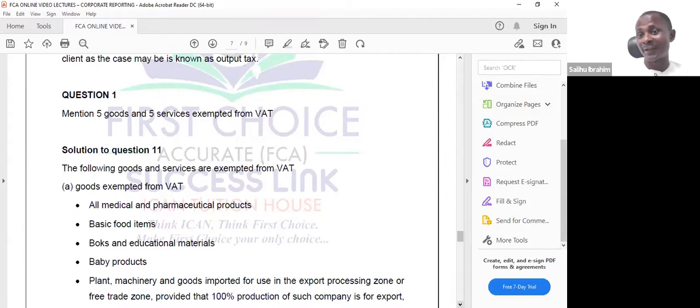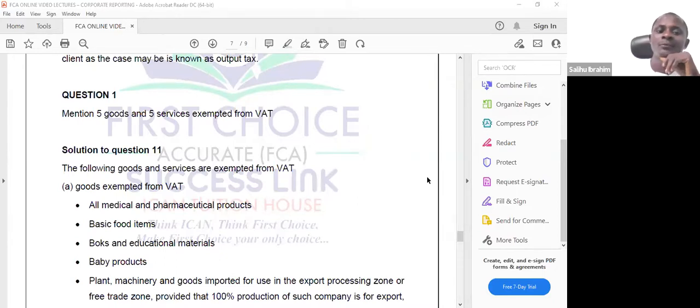If you don't have the capacity to pay tax, just go to the market, buy your rice, cook it with small pepper, put Maggi, and eat. But if you go to eat at an eatery rather than a roadside canteen, that means you have the ability to pay tax. So VAT will be charged on your invoice.